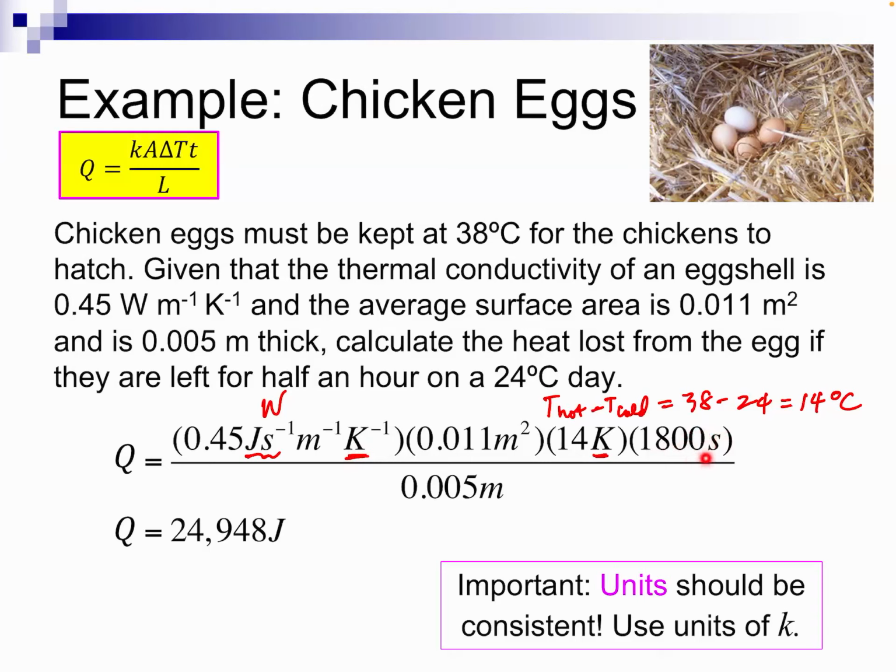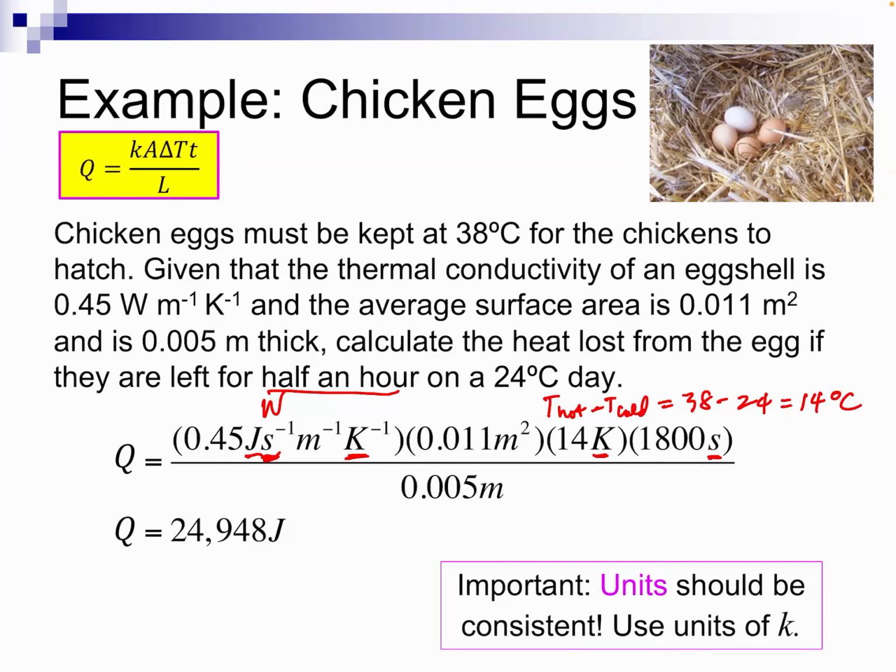Likewise for the time. The time is half an hour. I convert that to seconds because the unit for watts is joules per second, which requires the time to be in seconds. Divide everything by the thickness of the eggshell, and you get this amount.